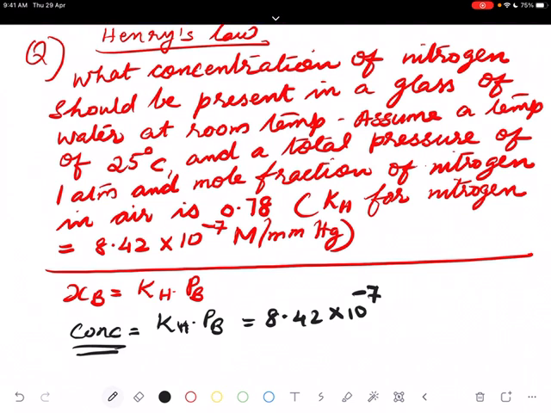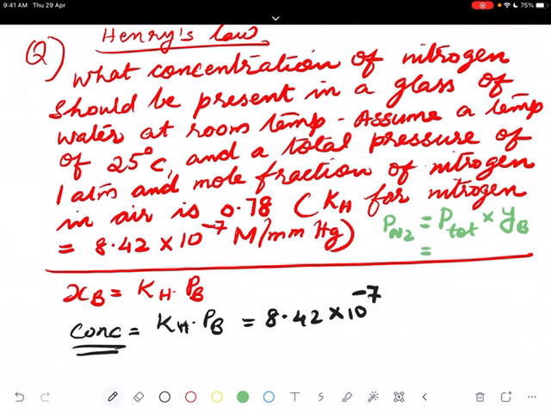The partial pressure of nitrogen is not directly given. But we learned last year that the partial pressure of nitrogen is equal to P total into its YB.